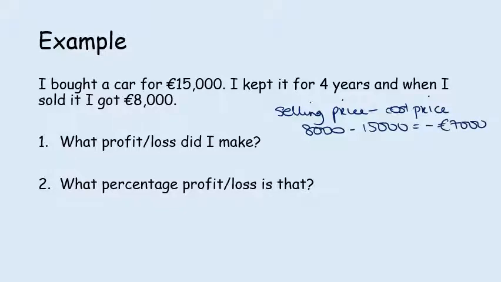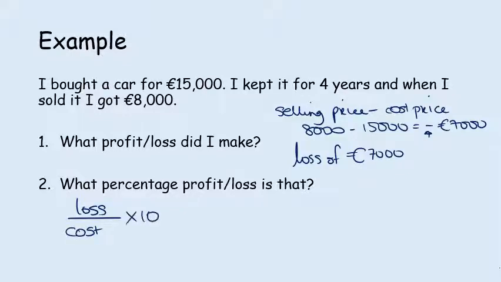Now, when I'm actually explaining this to someone, I'm going to abandon our kind of math notation of a minus there, and I'm just going to say loss of €7,000, okay? Because we're kind of translating it back into business. What percentage profit or loss is that? So you have your loss over your original price, your cost price, multiplied by 100%.